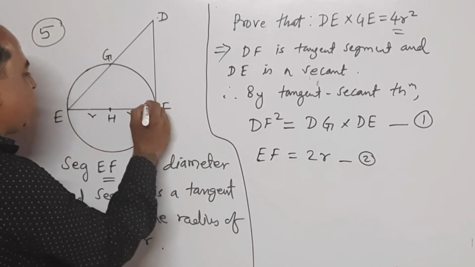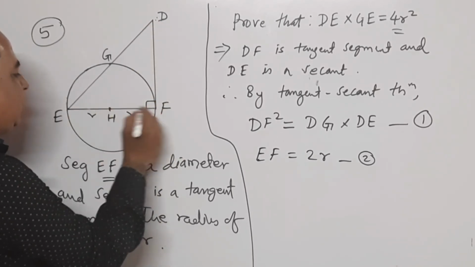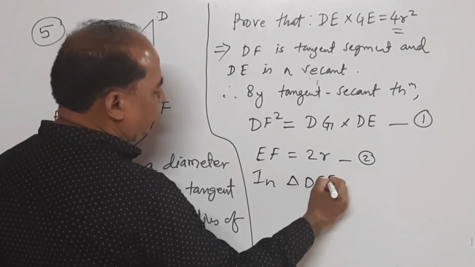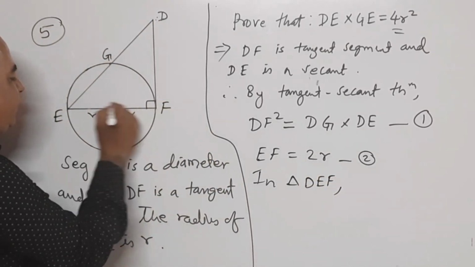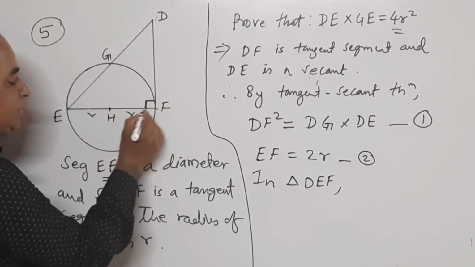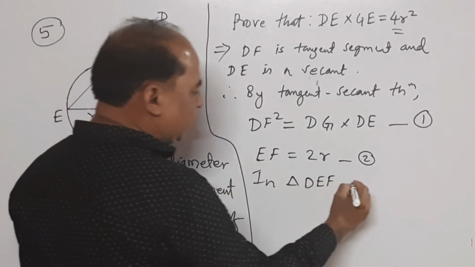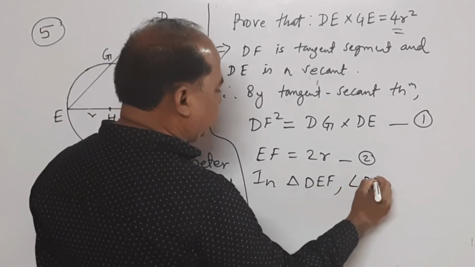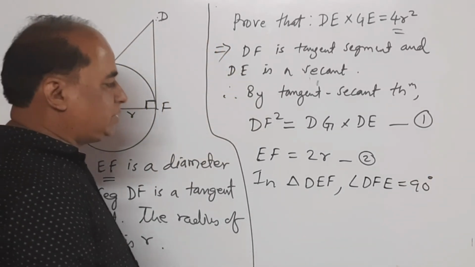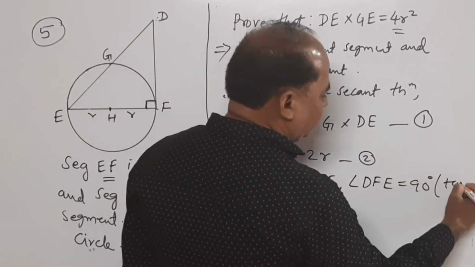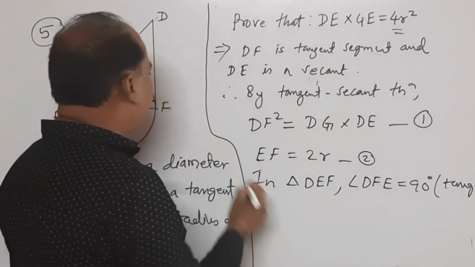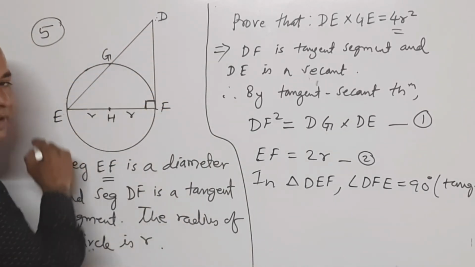Now, in triangle DEF, angle DFE is between the tangent and the radius. So, by the tangent theorem, angle DFE is equal to 90 degrees. So the triangle is a right angle triangle.